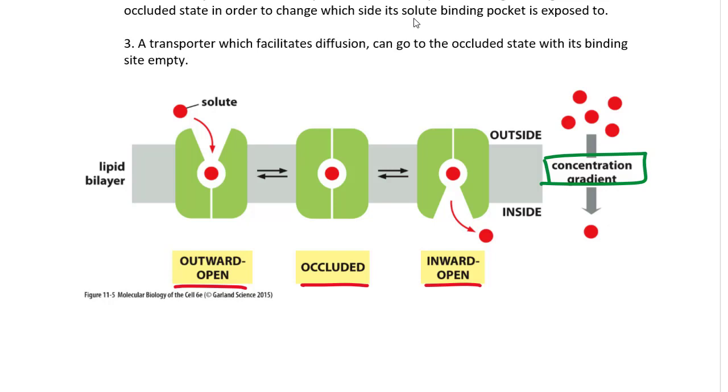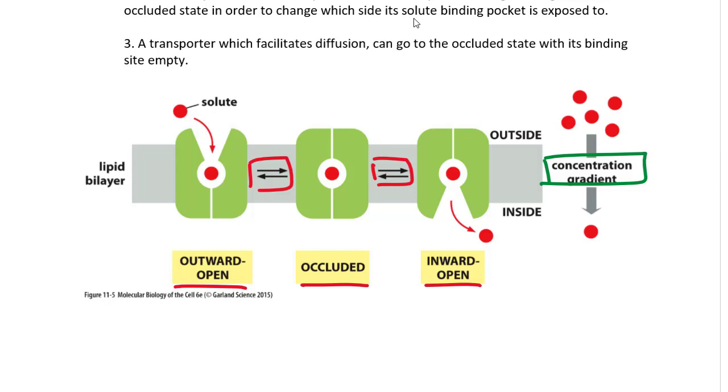Now, what these arrows are telling you here and here is this protein can flip from inward open to occluded and actually go from occluded to inward open again, right? There's no rule saying once it goes from inward open to occluded, it must go to outward open. Same way from outward open. It could go from outward open to occluded and go back to outward open.